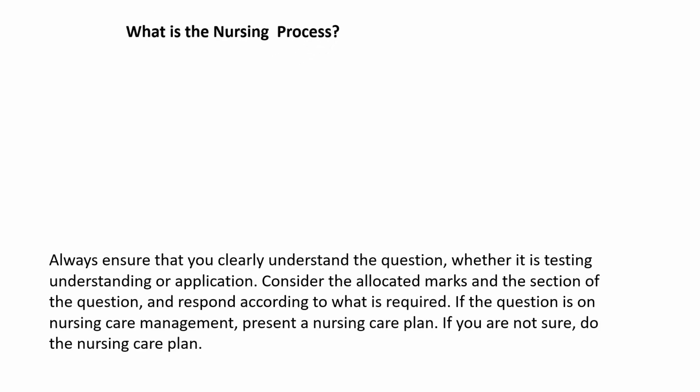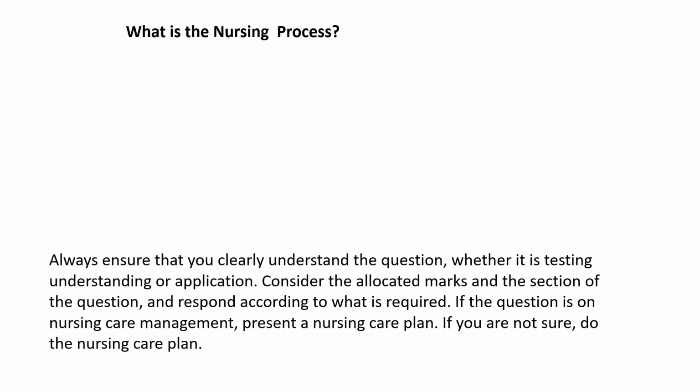What is the nursing process, which is our backbone here? We have seen the anatomy and physiology of the cardiovascular system, the common cardiovascular diseases, common etiological factors, the common features or manifestations, and the pathophysiological mechanism of cardiovascular diseases.